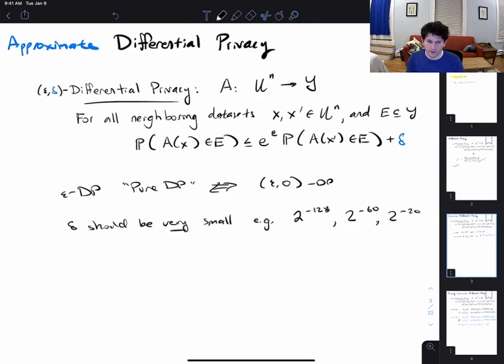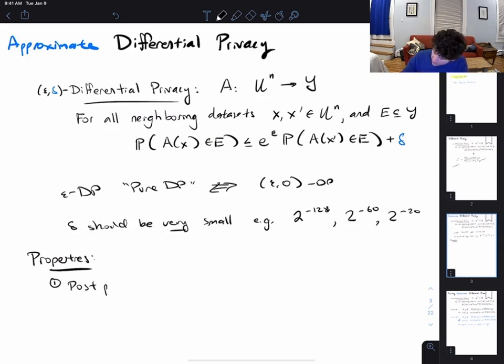The other thing that we should say is that many of the properties of epsilon 0 differential privacy are still true for this definition. I'm not going to list every property. In fact, we haven't listed every property of epsilon 0 differential privacy, but two are important just to establish that this is broadly similar to epsilon 0.